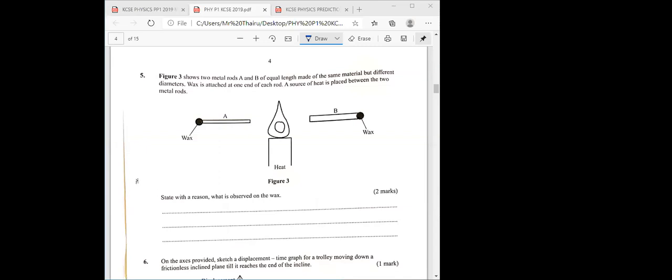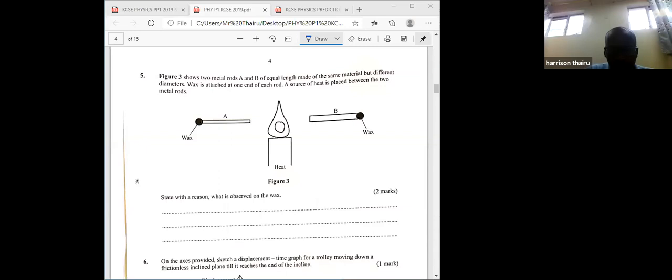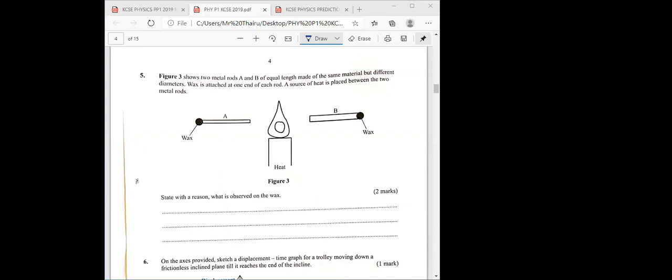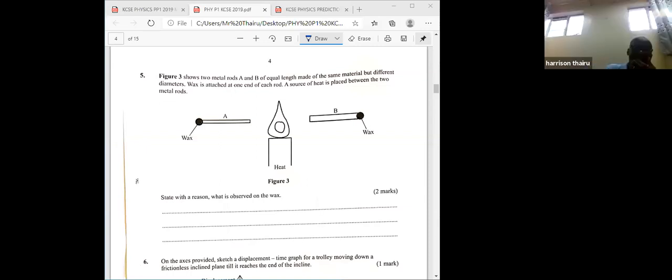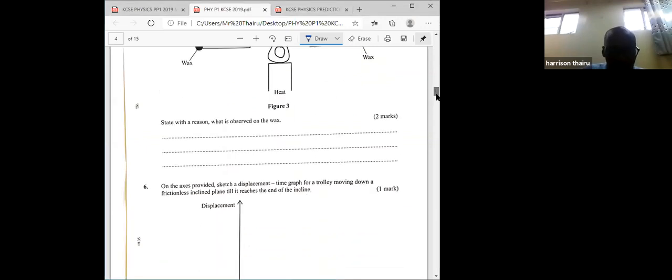Not convection. It is conduction. So the first mark you got it by stating that the wax is going to melt first. Then the second mark is to show that B, with a bigger cross-sectional area, conducts heat faster. Then we move on to the next question.